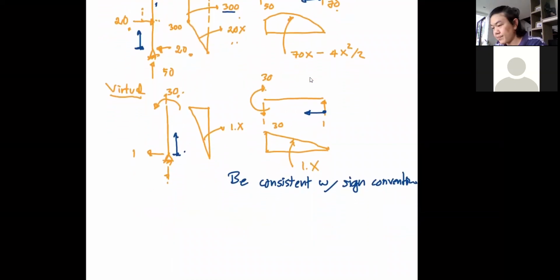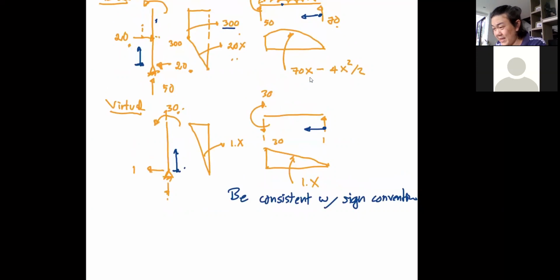So I'll have portion AB, the big M for the actual moment, that would be 20x, and the small m for the virtual, that would be just x.